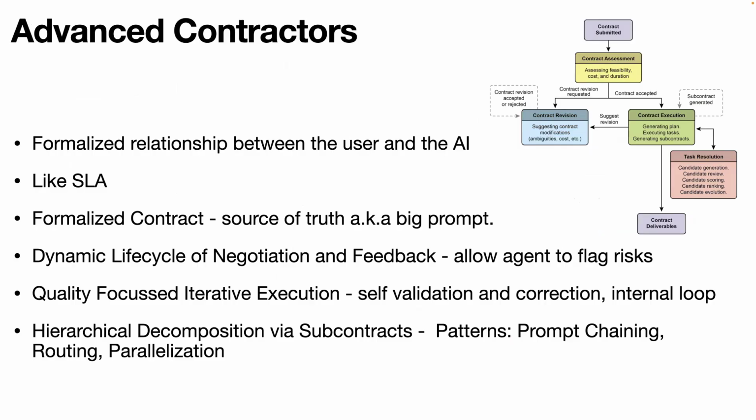And the author extracts names for the main steps, which are formalized contracts. Basically, this is a very big prompt where the creators of such an agentic AI system try to include as many different use cases, edge cases, and as much information as possible. So the agent can always refer to that document.